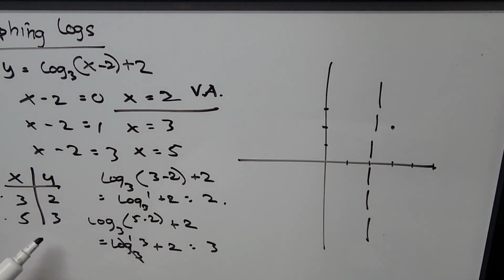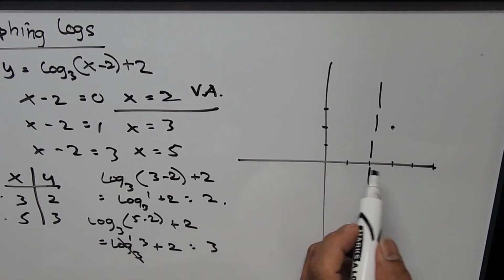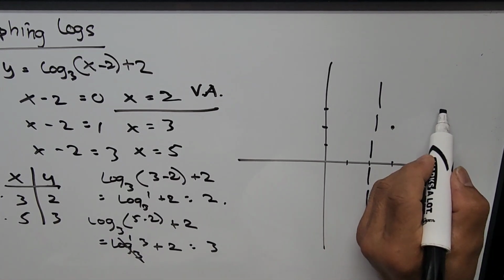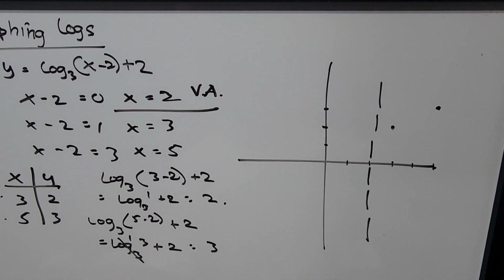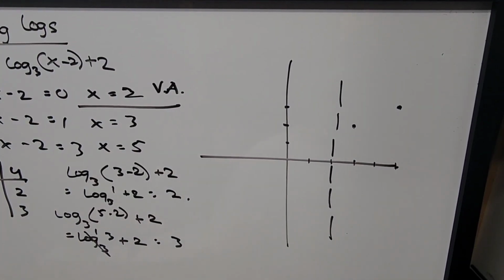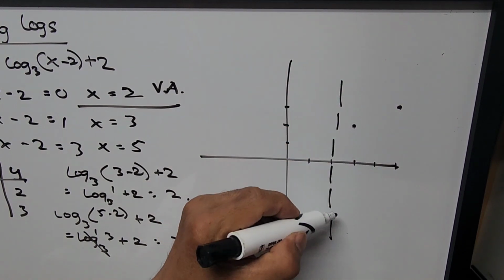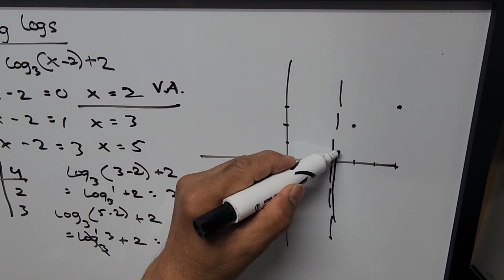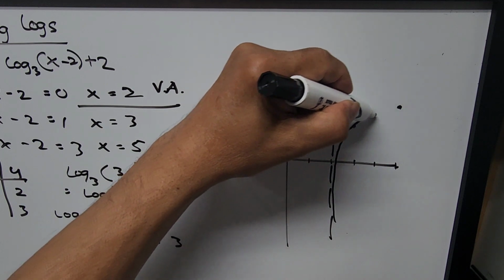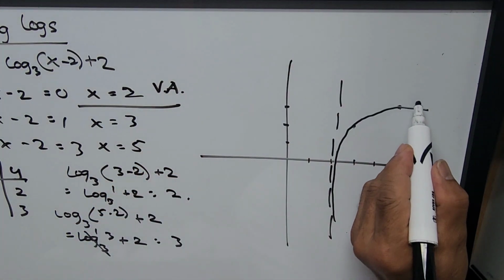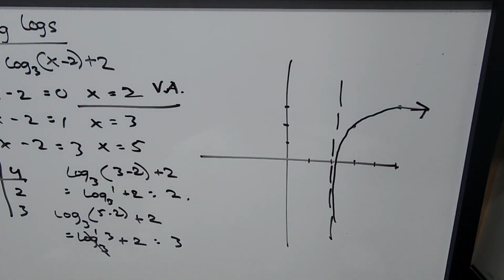The other one, (5, 3), so that is 1, 2, 3, 4, 5 and 3 is right here. The graph starts on the side of the vertical asymptote of 2, going up that way. That's how it looks.